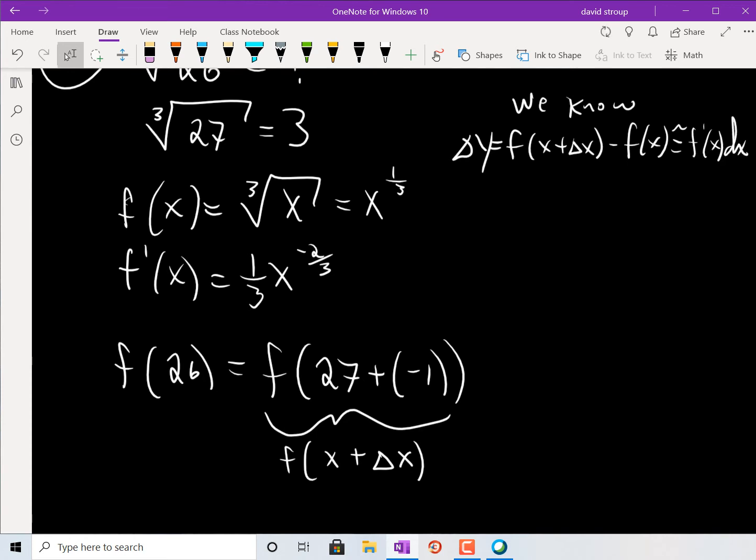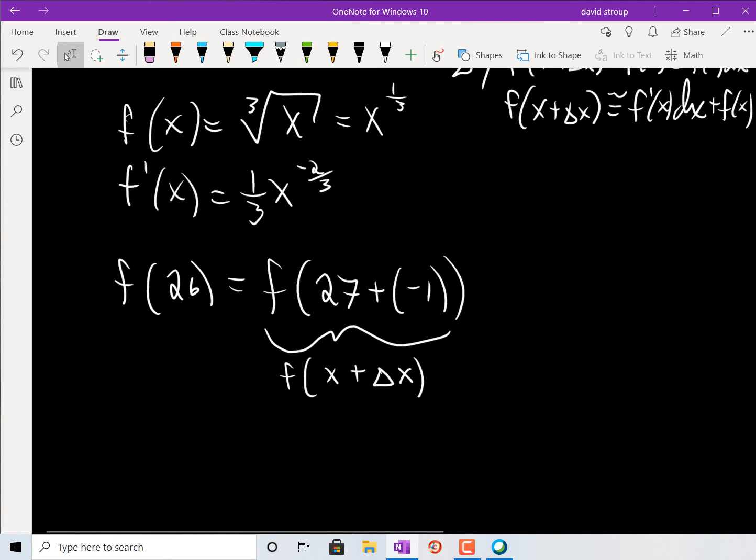So in particular, we can solve for f of x plus change in x in this approximating equation and get f prime of x dx plus f of x. Okay? So with that in mind, I'm going to rewrite this f of x plus change in x as f prime of x, which in this case is 27, times dx, which in this case is -1.